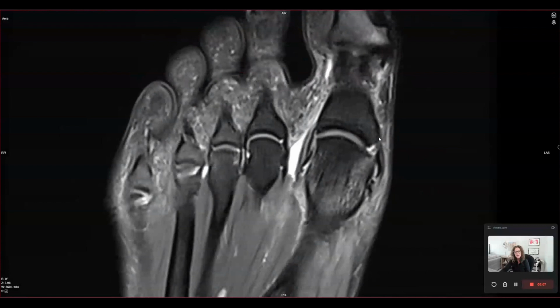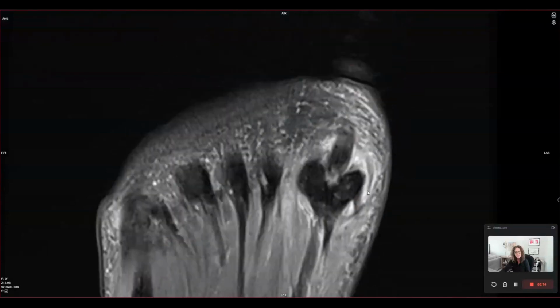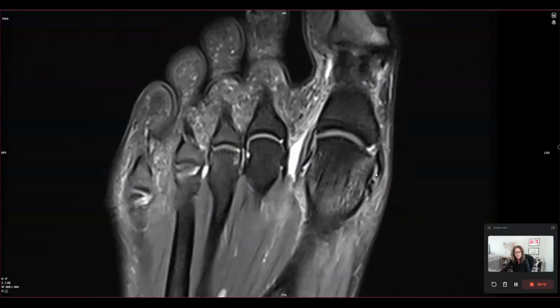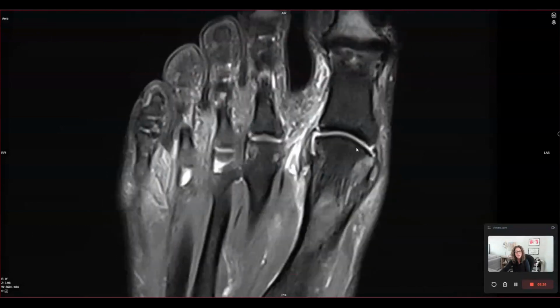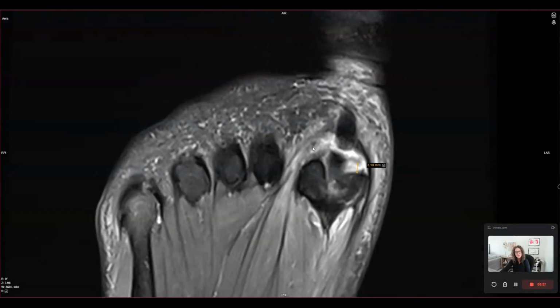On the medial side, we can appreciate the medial tibial collateral ligament, the main collateral ligament, and this is our accessory sesamoidal ligament, and we see that there's a gap between the tibial collateral ligament and the sesamoidal ligament, indicating a high-grade partial tear at the proximal attachment of the tibial collateral ligament, very close to this bone contusion. Furthermore, we can appreciate on this view, this is our abductor hallucis, and this is our adductor hallucis with its transverse and oblique heads.